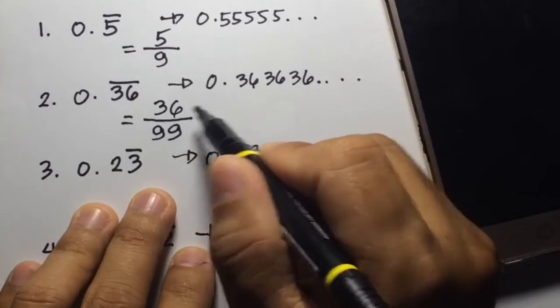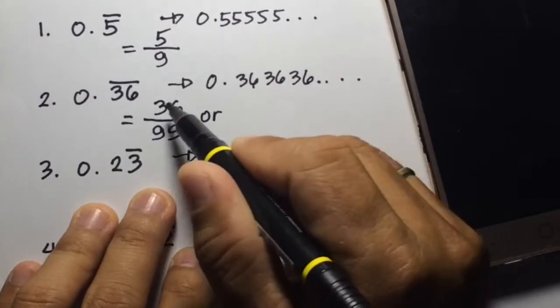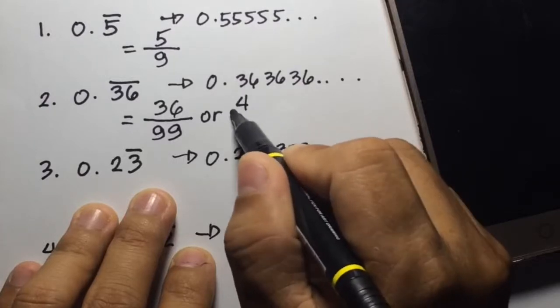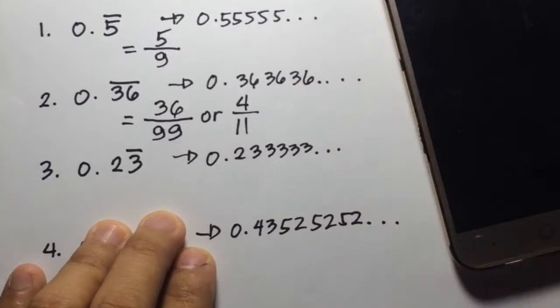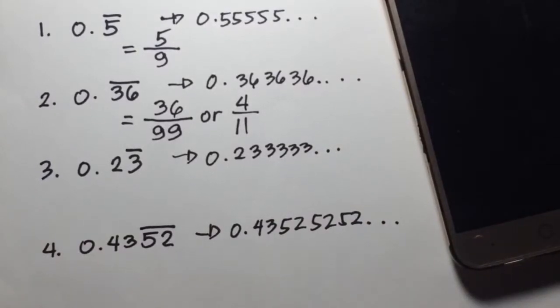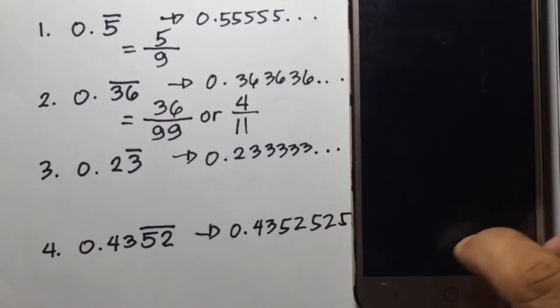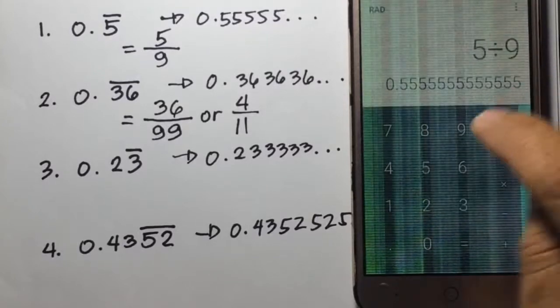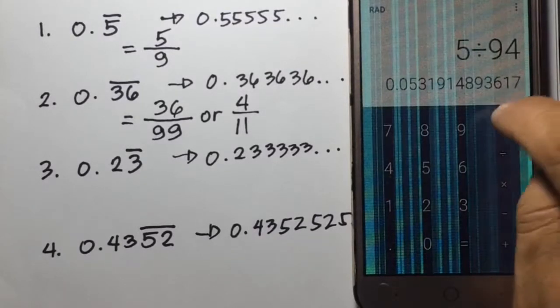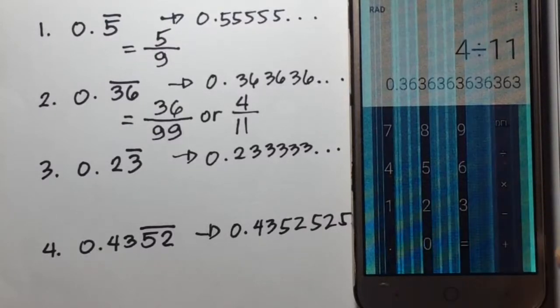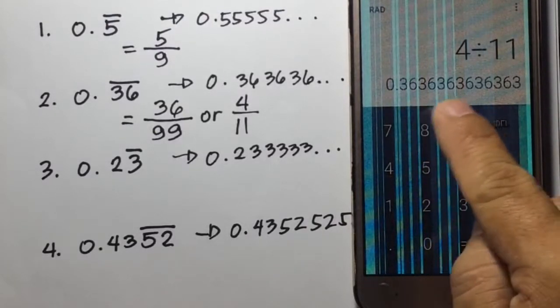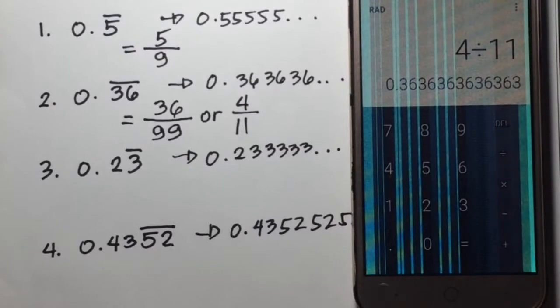It is divisible by 9. 36 divided by 9 is 4, and 99 divided by 9 is 11. So this is 4 over 11. To check if the answer is correct, you can use the calculator. 4 divided by 11, and that is the answer, 0.363636 and so on.